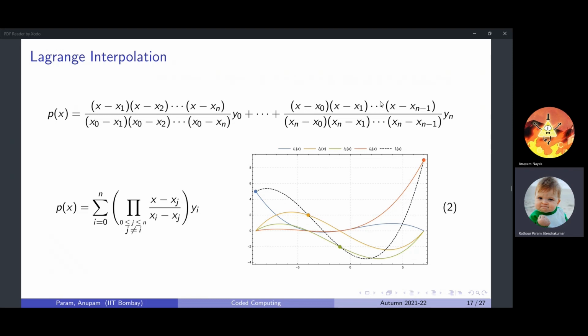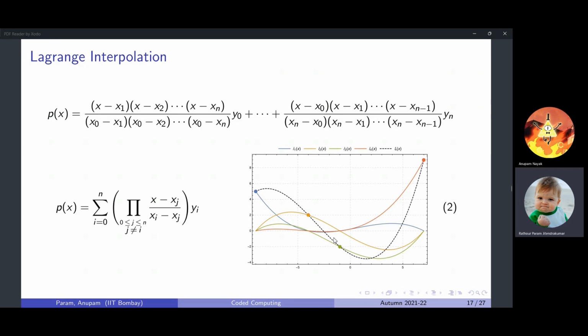And similarly for the others. In an intuitive way, I can say that one thing will be non-zero, and all the others will be 0. So if the polynomial is actually evaluated to 0, then everything will be 0. So suppose this is the first point x0, this is x1, this is x2, and this is x3.